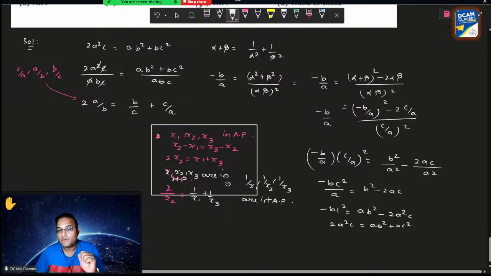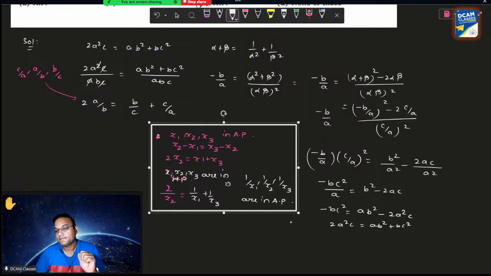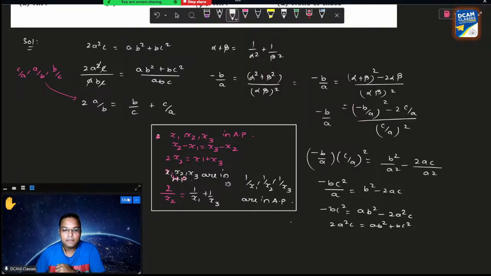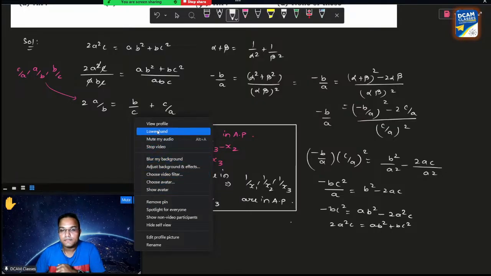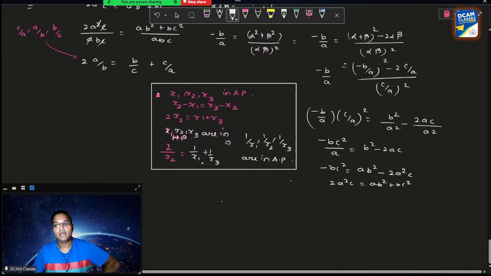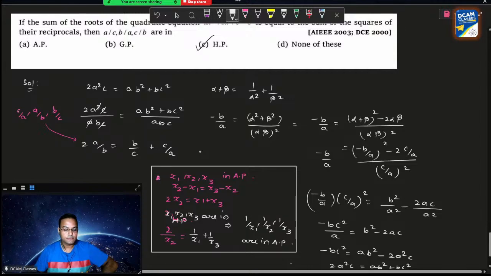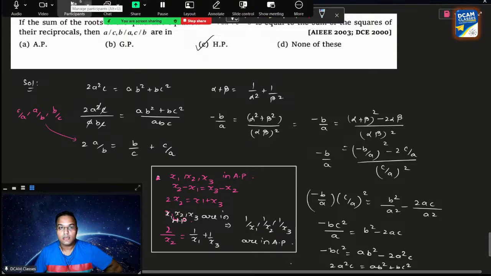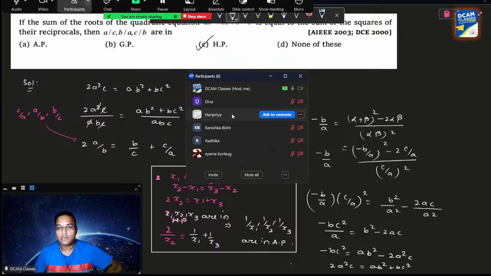After taking the reciprocal, solve them like AP, because the reciprocals of each term become AP. Okay for everyone? Understood?